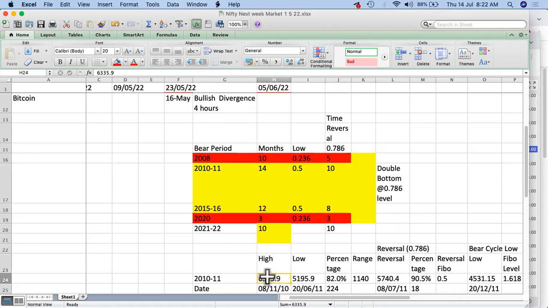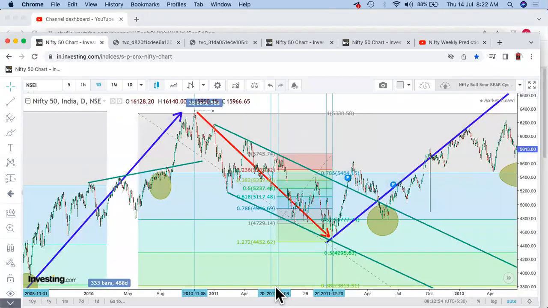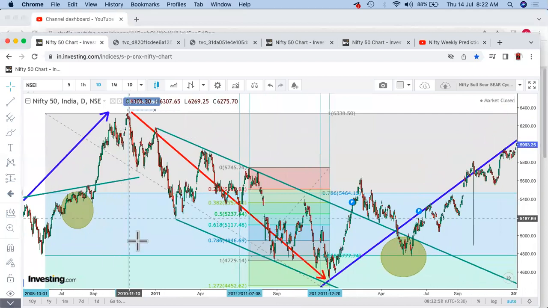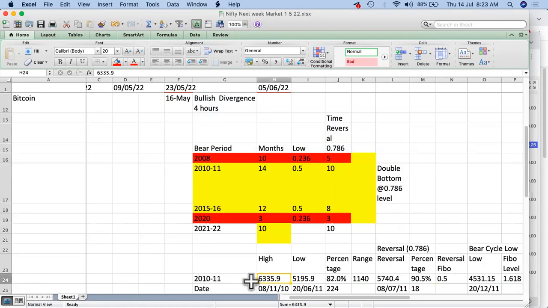Whatever things come up, I'll just change this to yellow color for ease, right? So this is the date that we have. The high was there on 8th of October 2010, right? So 8th of October 2010, this is there.